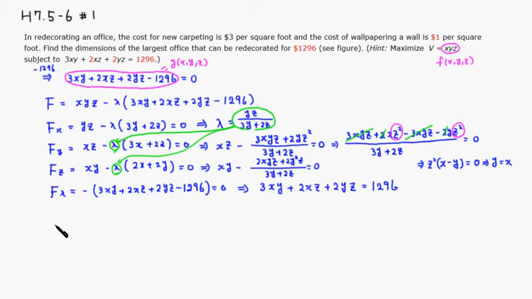Let's see, I'm going to go down here. I'm running out of room. All right, so take the common denominator. So you have 3y plus 2z. All right, then you have, let's see, 3y times xy would be 3xy squared.